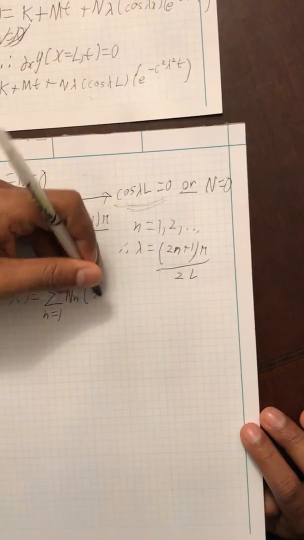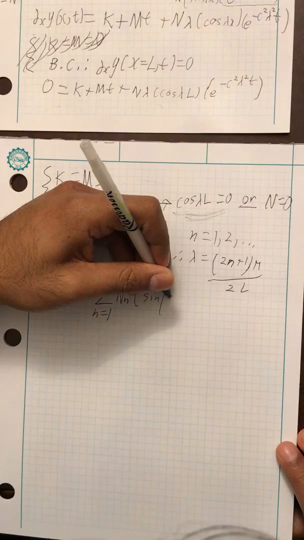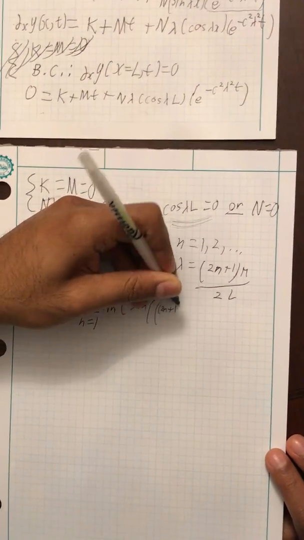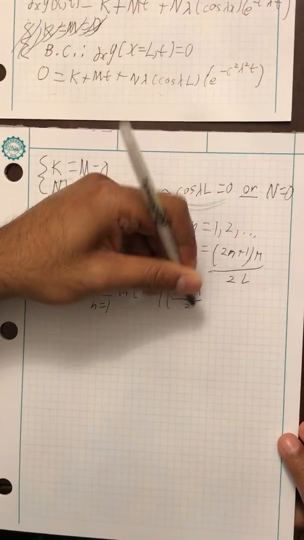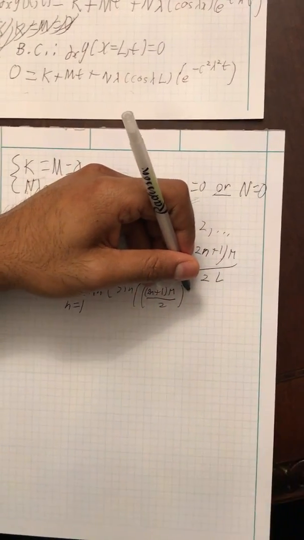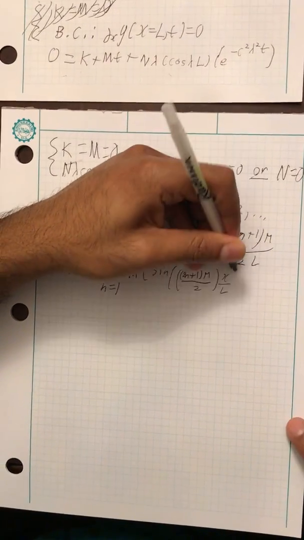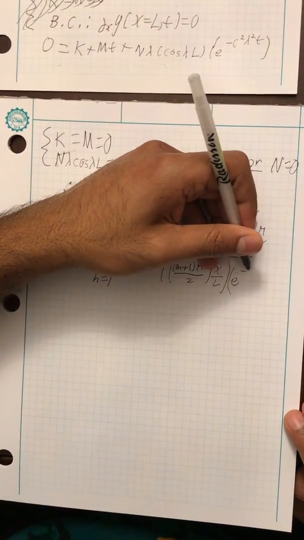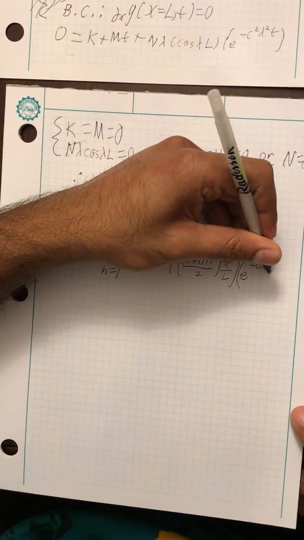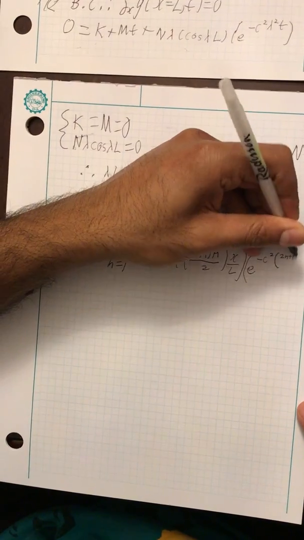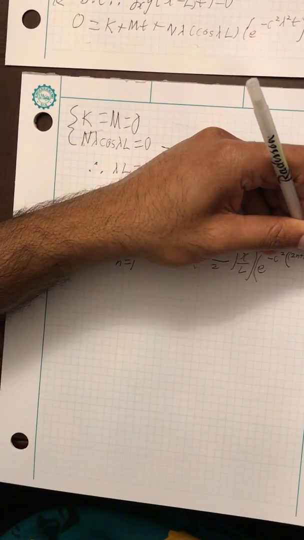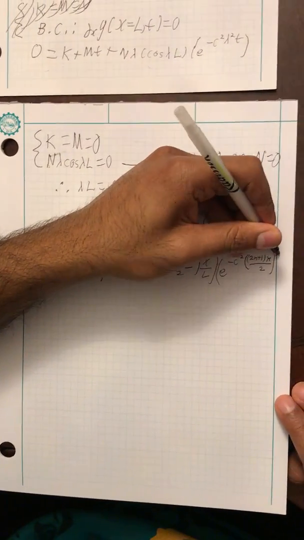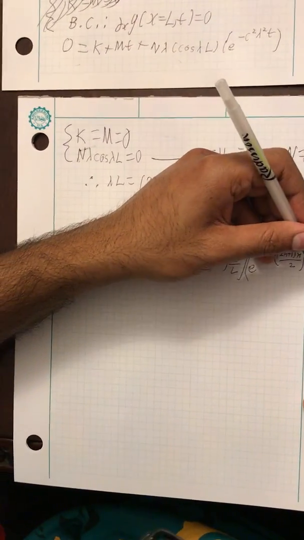But anyways, sine of (2n plus 1) times pi over 2 times x over L, times e to the power of negative c squared, (2n plus 1) times pi over 2, squared, times t.